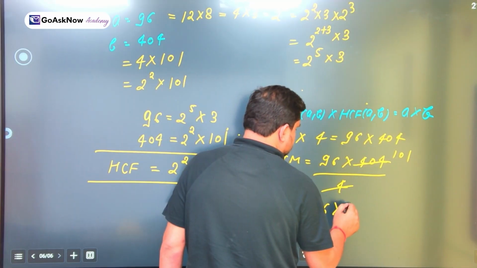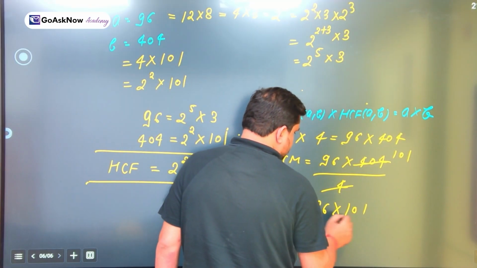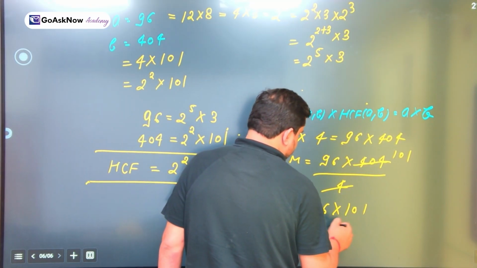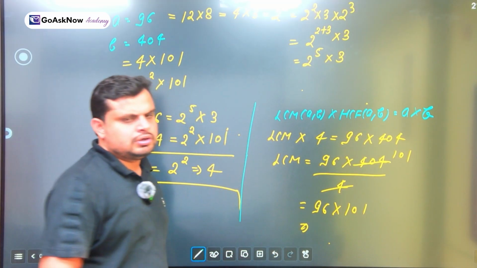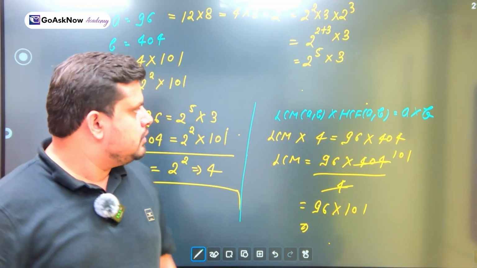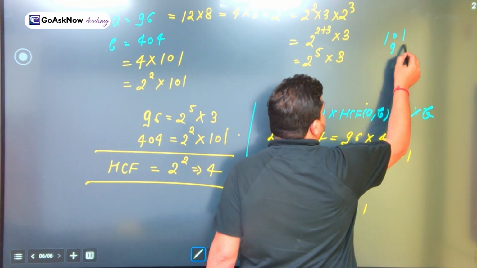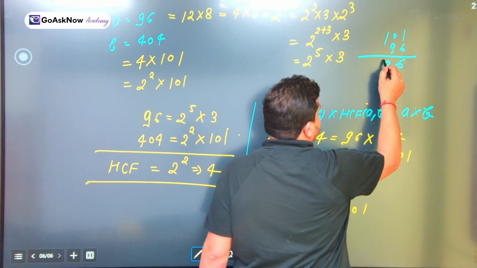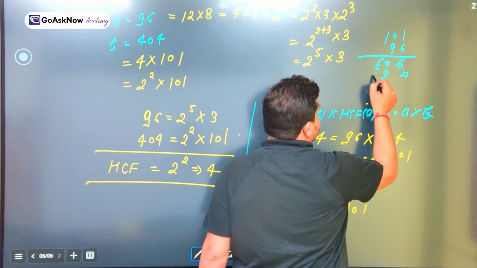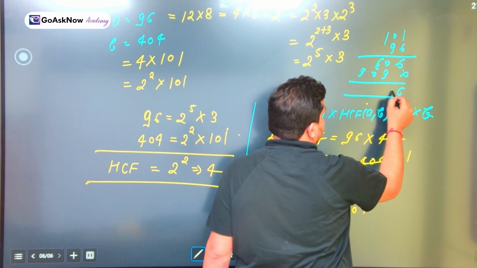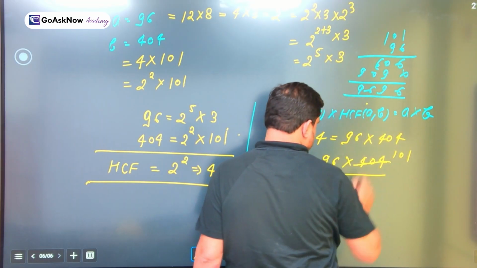So 96 into 101. When you multiply it, you can find it out. I think 9696 will be the answer. We can put it and check. 101 into 96, so this is equal to 9696.